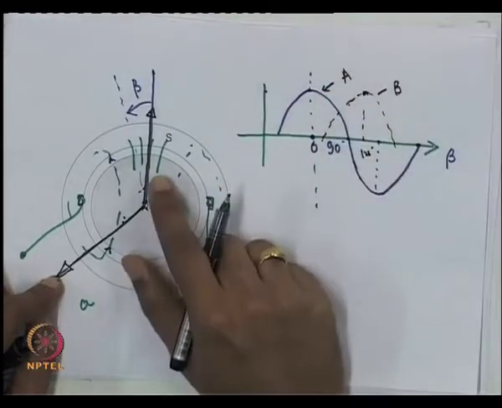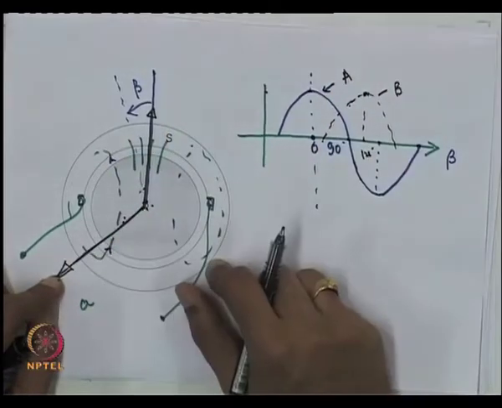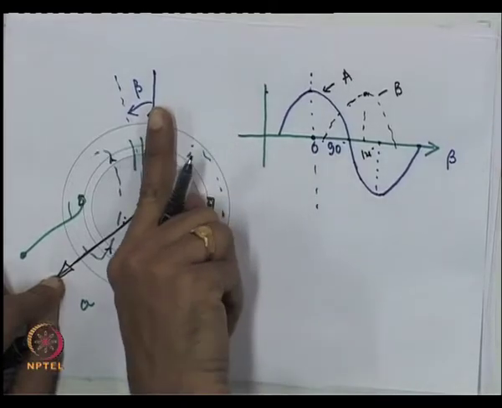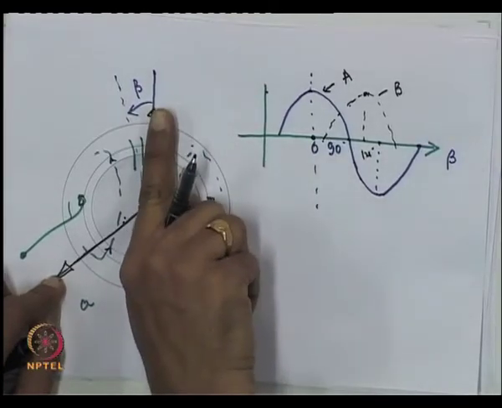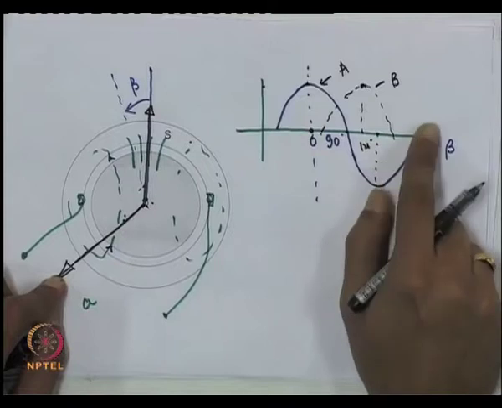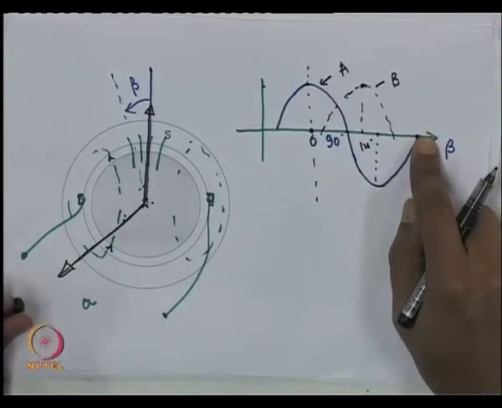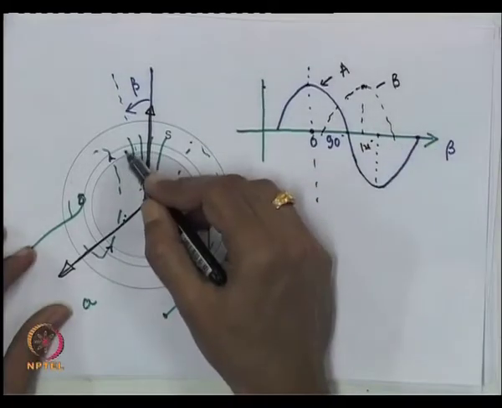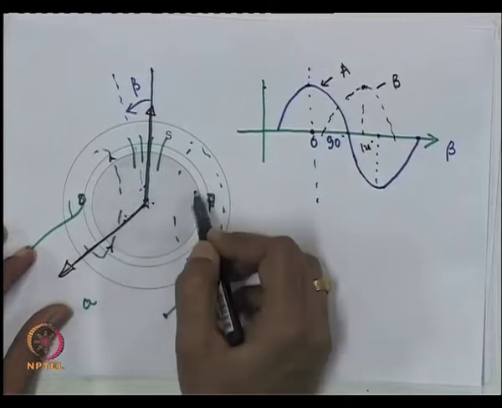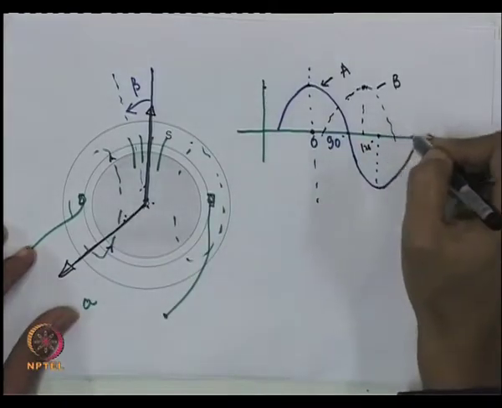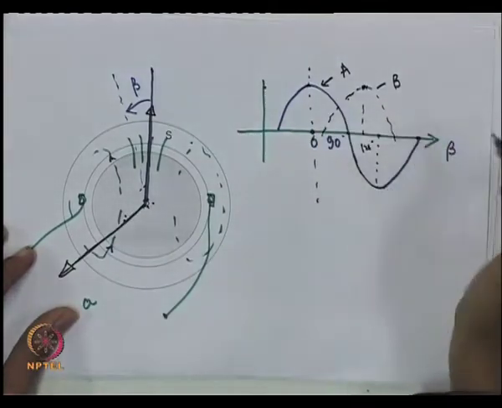So, this will simplify our analysis a bit if we represent the MMF by a single arrow, but a single arrow means this. That is something which you should remember, and the distribution we assume is sinusoidal. So, suppose I want to take out the mutual inductance between the A winding and the field winding. What I need to do is first take out the MMF.